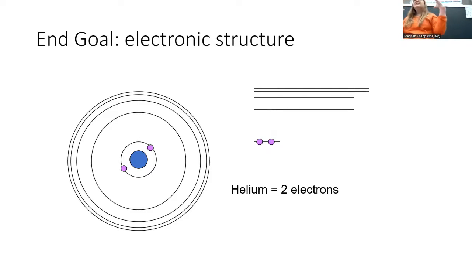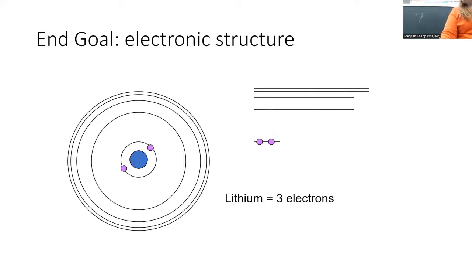So at the next level out, we can fit more electrons. And so for lithium, there are 3 electrons, and that 3rd electron can't fit in the first layer, so it goes in the next layer out. So the last layer that we have electrons in, we call that the valence layer. These are valence electrons. Lithium has 1.